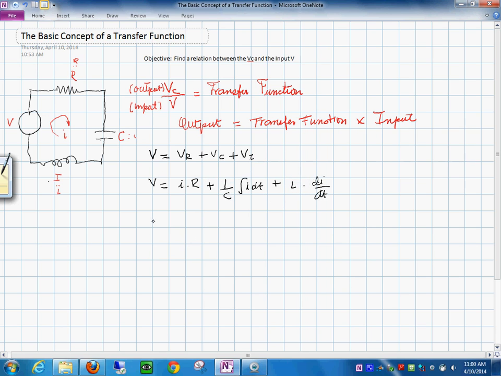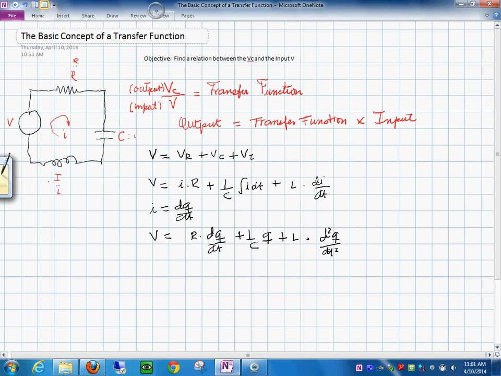So what we're going to say is that I is equal to dq dt, and therefore we could say that the voltage is equal to R times dq dt, plus 1 over C, the integral of dq dt is q, so plus L times d squared q dt squared.